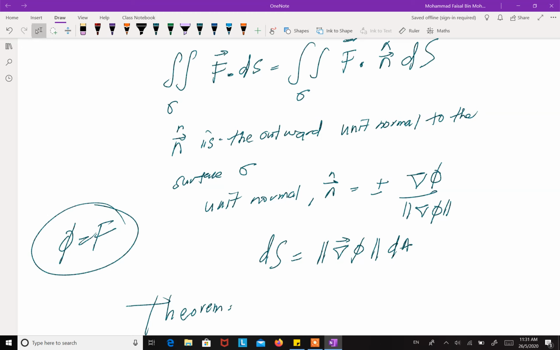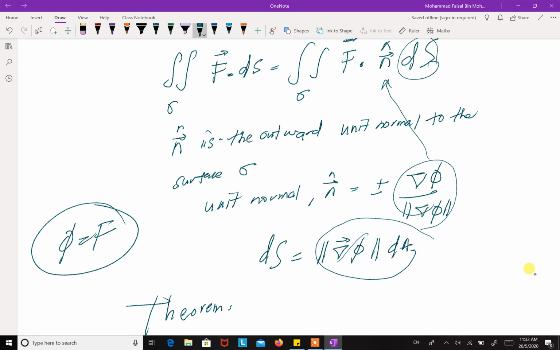Actually we substitute this into here, and then the dS with this, you can cancel off the magnitude. You will be left with nabla phi, the gradient of phi, times dA.